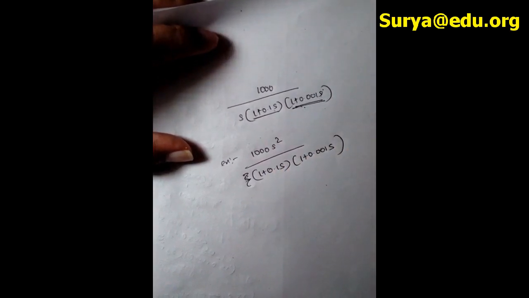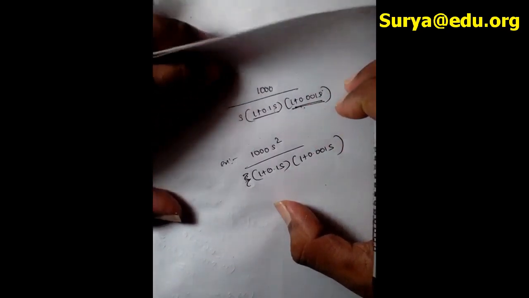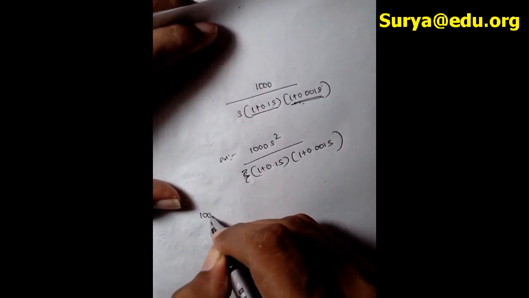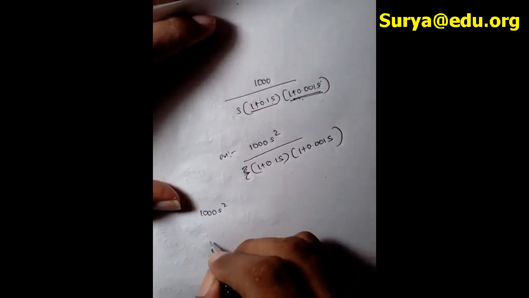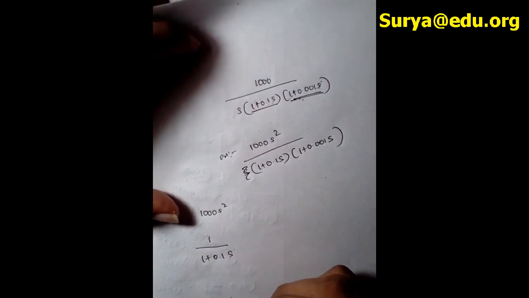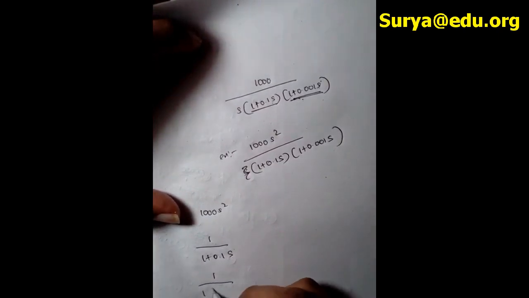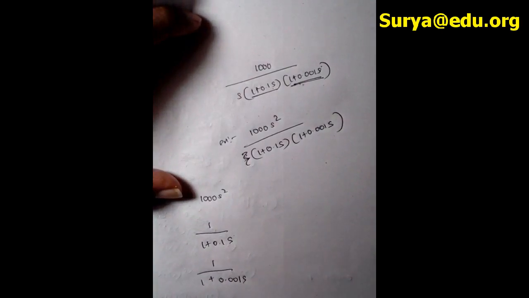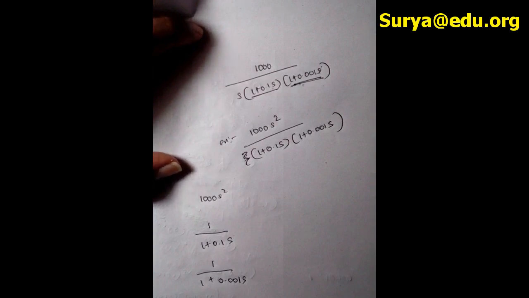Okay, so now as an example we have a function like this. So how are you going to do that categorization? You can do it like 1000 s squared, and then 1 divided by 1 plus 0.1 s, then 1 divided by 1 plus 0.001 s. Okay, so now I will tell you how to do that as an example.